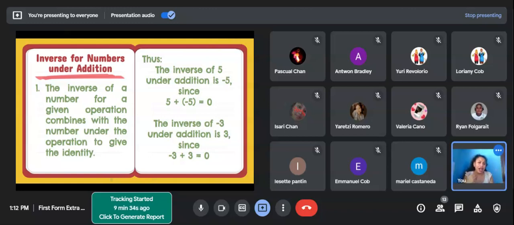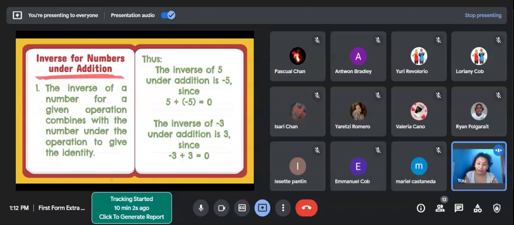So the inverse of addition is talking about the opposites of that number. One number always has to be positive and the other number has to be negative so that they are opposite to each other. And because they are opposite to each other, when I add them, my answer is going to be 0, because 5 plus negative 5 gives me 0.